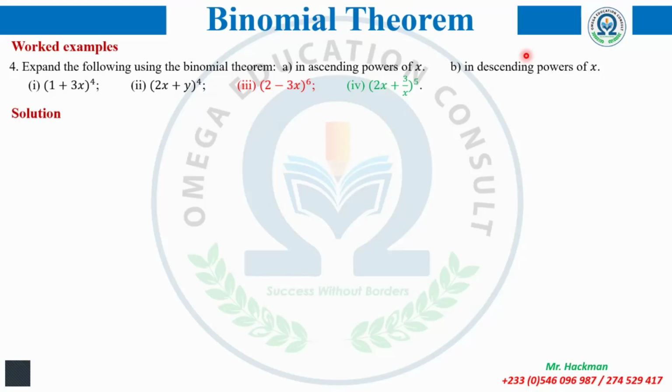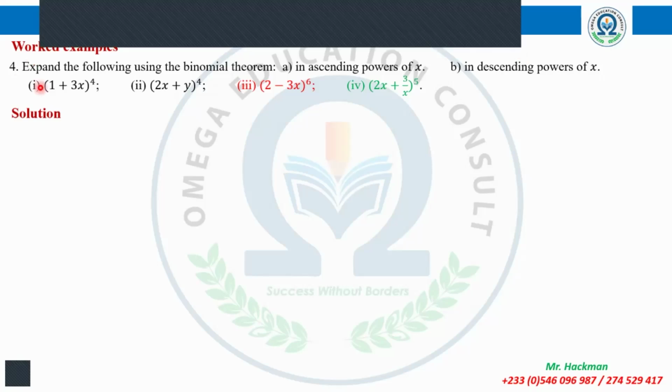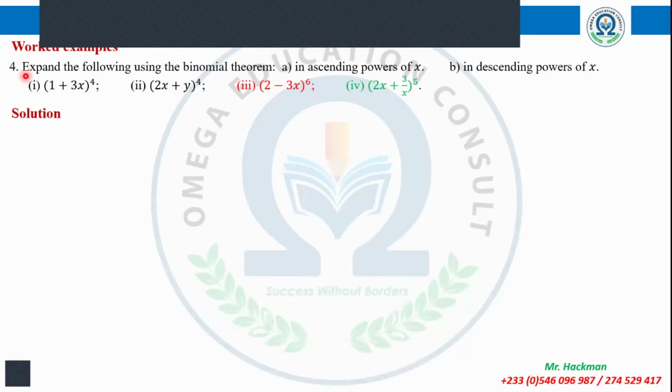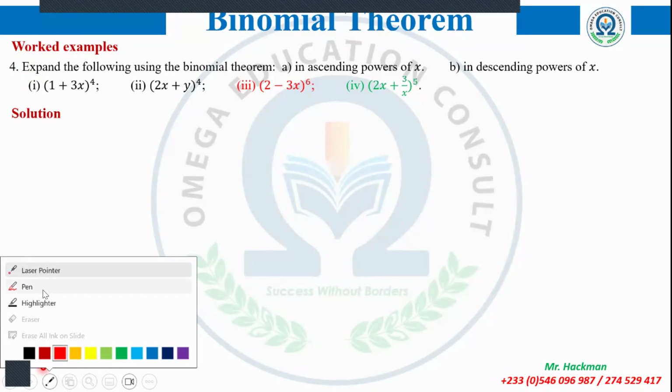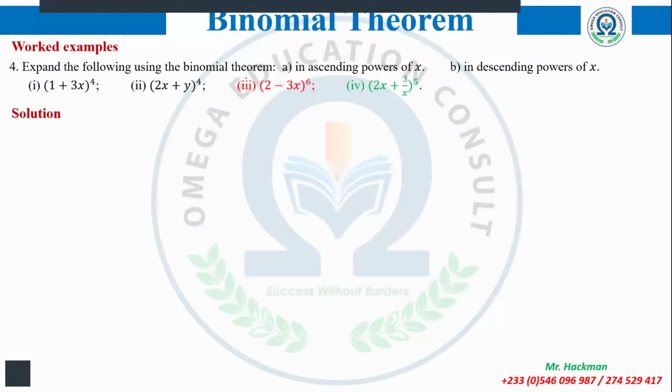Quickly, let's look at our first question in today's lesson, which happens to be question 4. The instruction is: expand the following using the binomial theorem, A in ascending powers of x and B in descending powers of x. Ascending powers of x, that one we know.